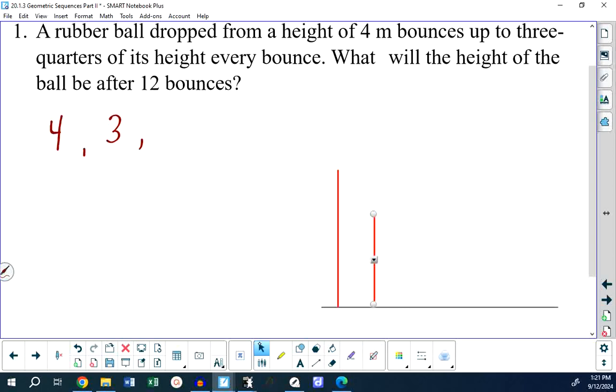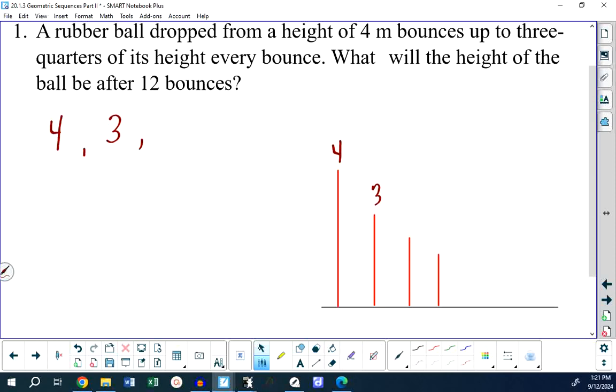And then it bounces to a height of 3/4 of that. And then it bounces to a height of 3/4 of that. Are you getting my drift here? Because it's bouncing to a height of 3/4, we can find the next height. This is 4 meters. This is 3 meters. If I take 3 times 3/4, I get 2.25.